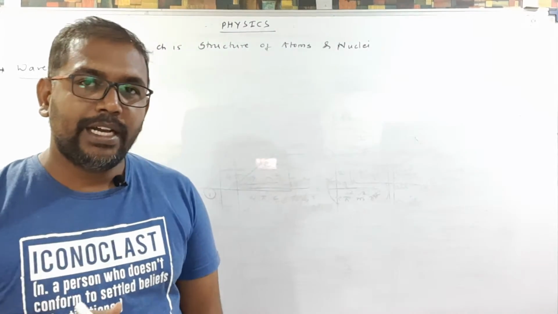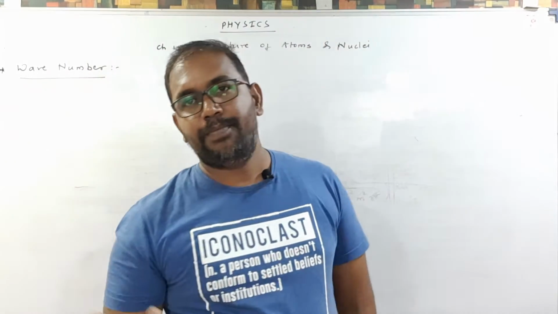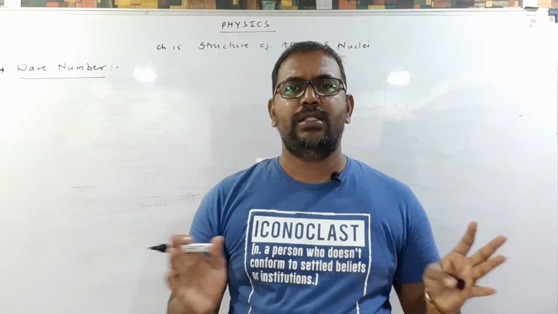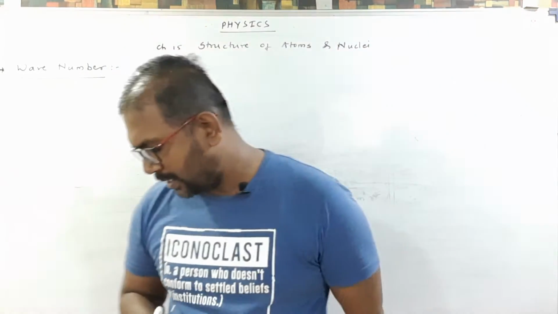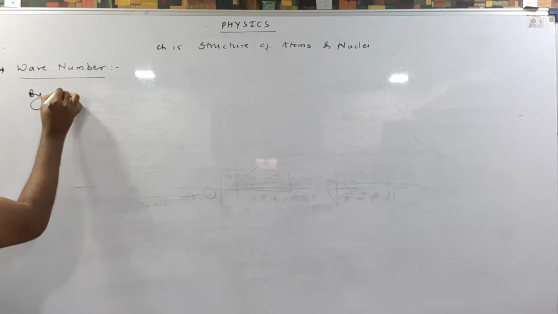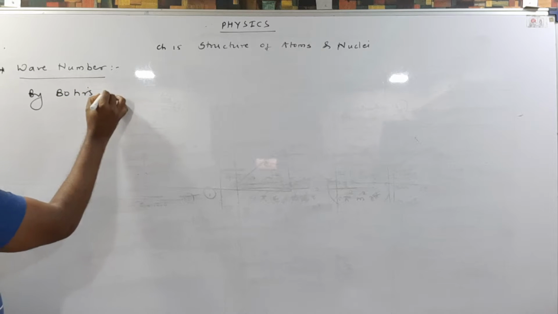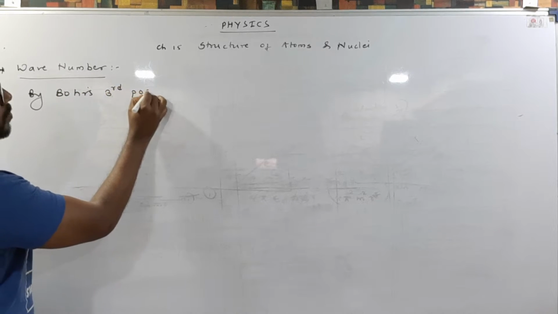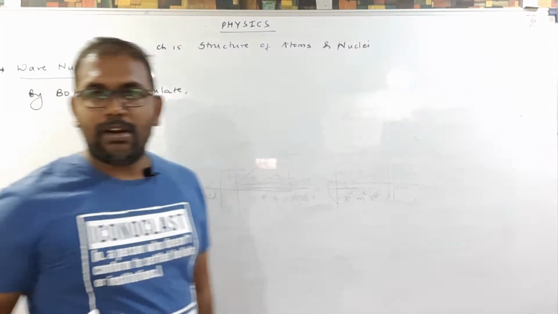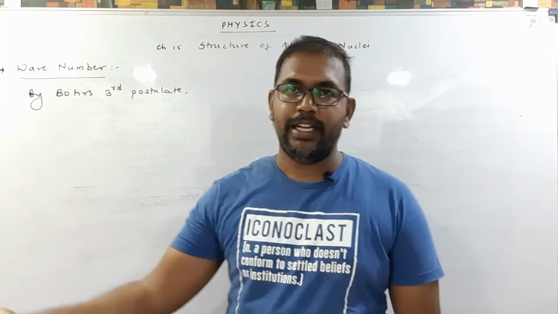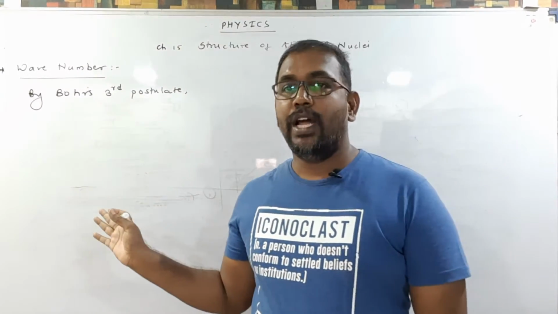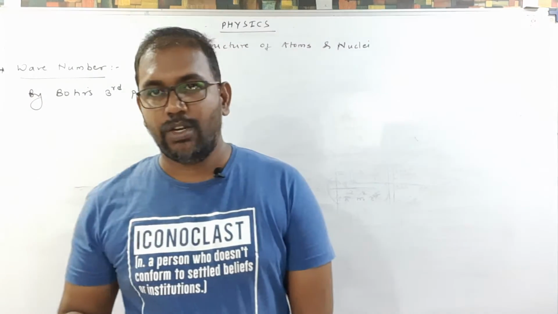For this article, we must have previous knowledge of the energy of electron article. Means we require this energy of electron formula. Now here, by Bohr's third postulate, we know that third postulate is electron radiate energy when it jumps from higher energy orbit to lower energy orbit, and energy radiated in the form of photon, which is equal to the difference in the energies of two orbits.